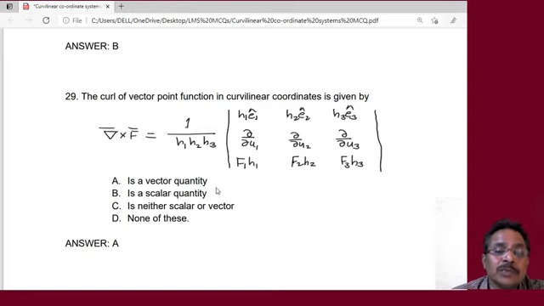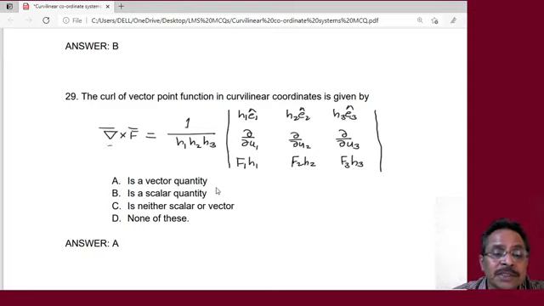The second row is the partial derivatives with respect to u1, u2 and u3. The third row is the components of the vector point function f1, f2, f3 multiplied by the respective scalar factors, so it is f1 h1, f2 h2 and f3 h3.